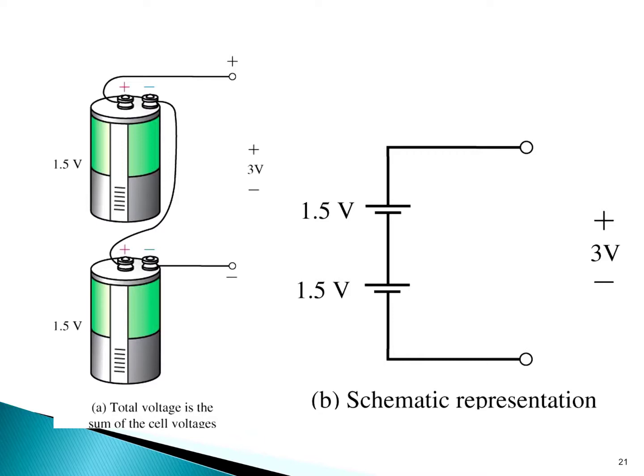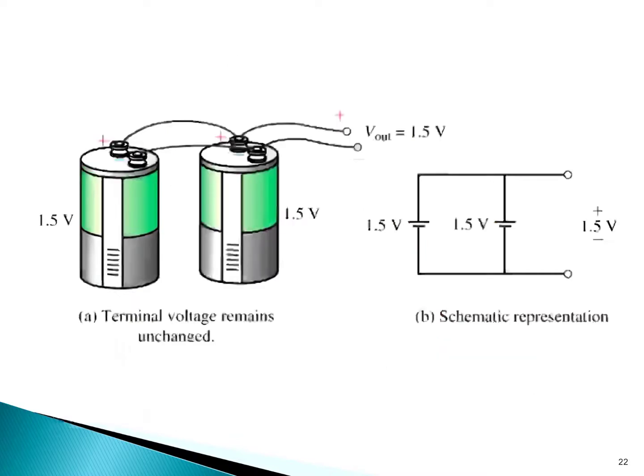So in this example, what we're looking at is a series connection for two batteries or two DC sources. What defines a series connection is there's only one path for current to flow. If we think of current leaving the positive terminal and coming around in a circuit, even though this is an open circuit, there's no closed circuit shown here.